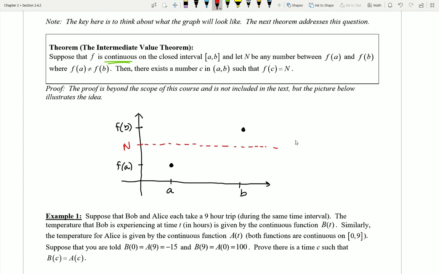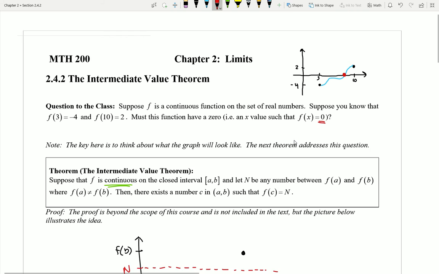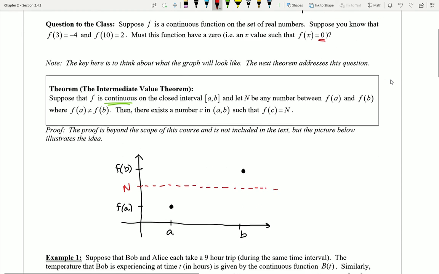If there's some y value I want to hit, just like up here, where the y value I was interested in hitting was y equals 0, then I know that if this is a continuous function, there's going to be a time where I'm going to end up crossing that. And that is going to occur at a value that we will call C.